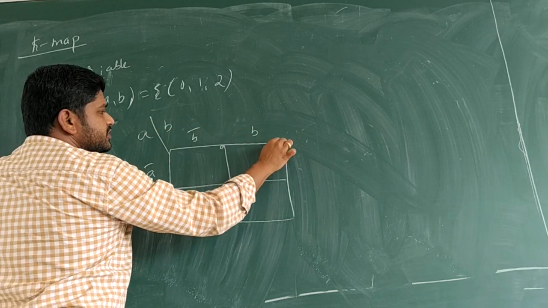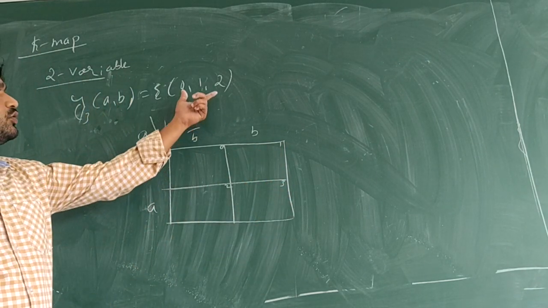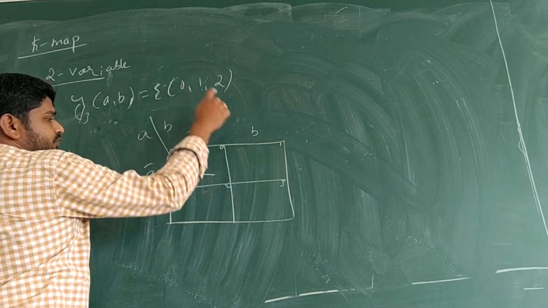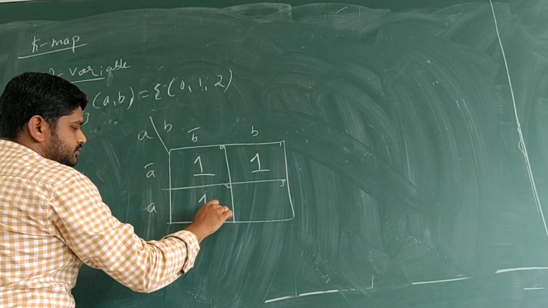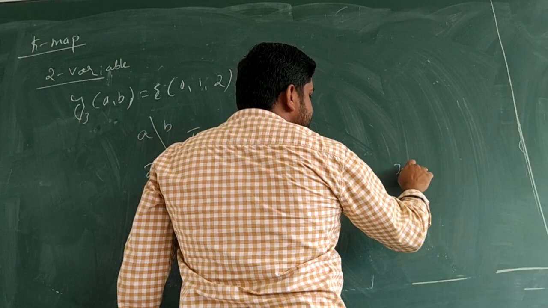So write the cell numbers 0, 1, 2, 3. Okay. So now where to write high? 0th cell 1, first cell 1. See, how many ones are here? There are 3 ones.